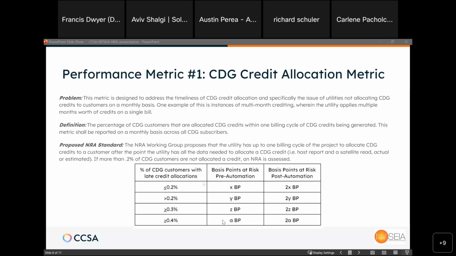I think the industry could be amenable to being flexible about and permitting some reasonable amount of acceptance for errors on the utility side. But I can't speak for the entire industry on that. Just the fact that 0.2% across the entire state is still hundreds of customers.